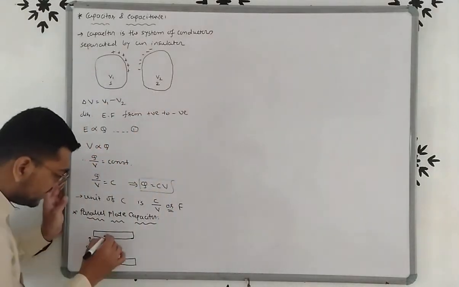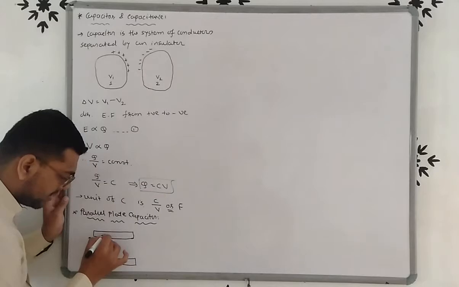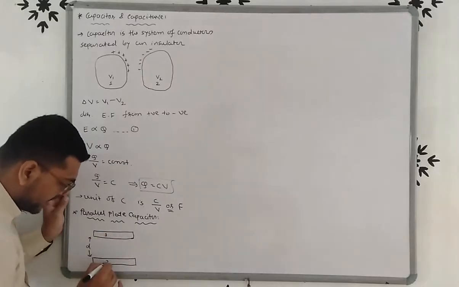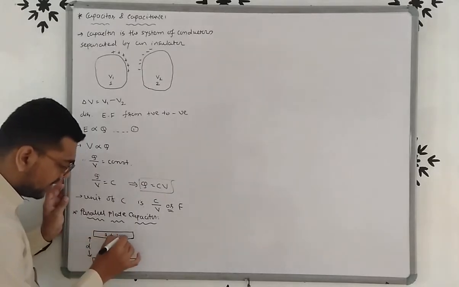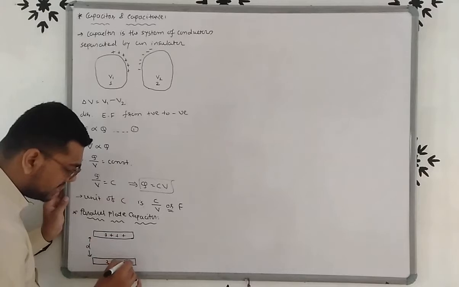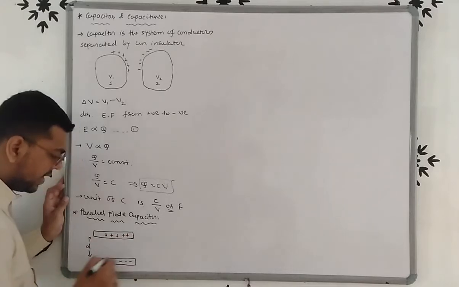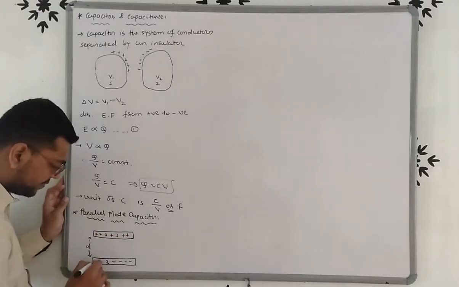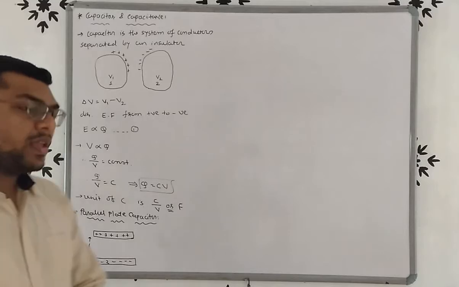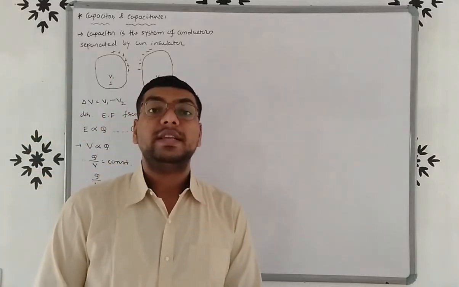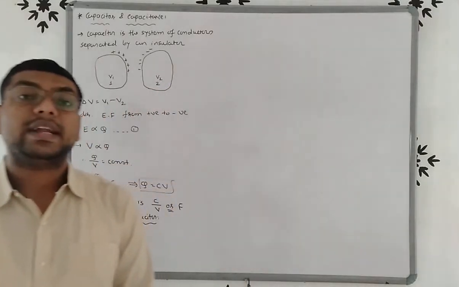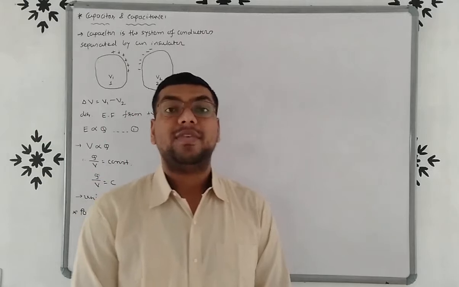This is plate 1 and this is plate 2. Plate 1 has positive charge and plate 2 has negative charge, like this. We already discussed the electric field of an infinite surface.